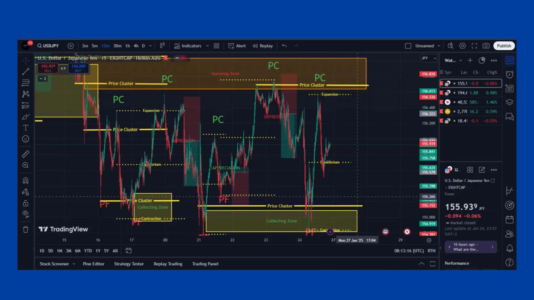However, with the entry model, like I've indicated earlier on, there is a heavy fundamental event coming on Wednesday, the FOMC decision on interest rates, which might shift the market.